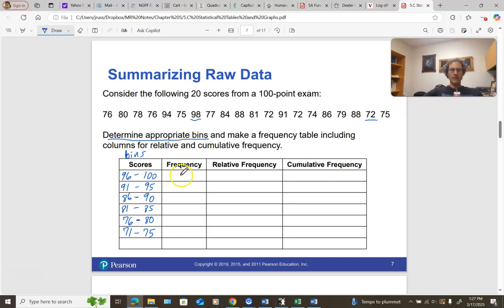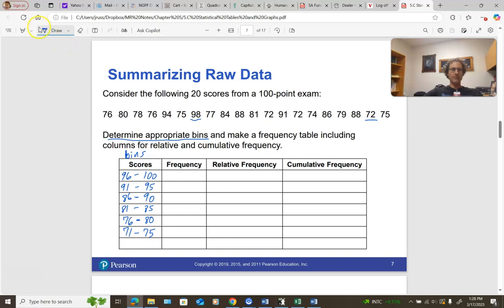Now, to find the frequencies, we're going to look at each of these bins and look back at our raw data to see how many values fall within each bin. First, 96 to 100, and by the way, you include the values 96 and 100 within this bin.